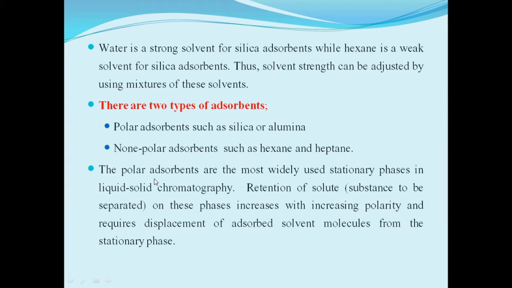The polar adsorbents, such as silica or alumina, are the most widely used stationary phases in liquid-solid chromatography, that is adsorption chromatography. Retention of the solute substance to be separated on these phases increases with increasing polarity and requires displacement of adsorbed solvent molecules from the stationary phase.